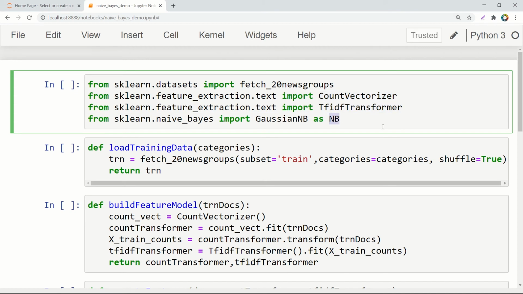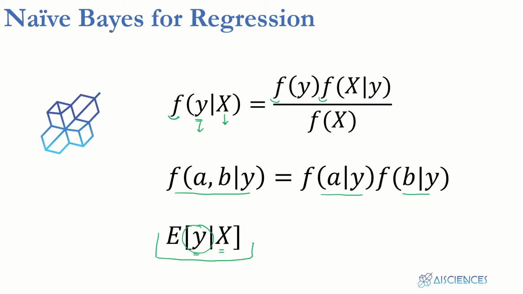Oh, I just skipped one of the very important things. By the way, the assumption about the type of these individual models, whether these are density models or probability mass functions, and in what way we are going to estimate these probability distributions, based on these assumptions the naive Bayes classification or regression scheme actually varies.